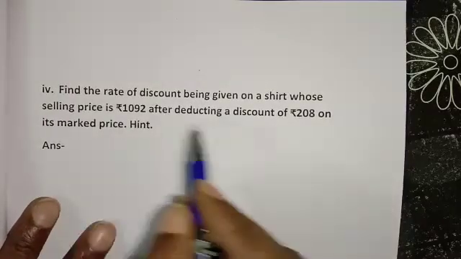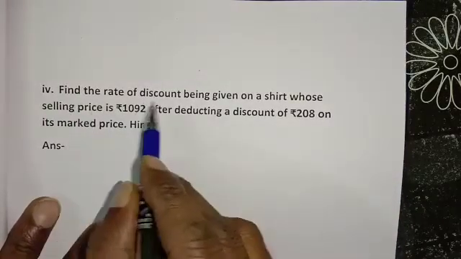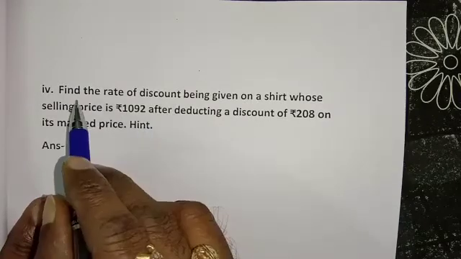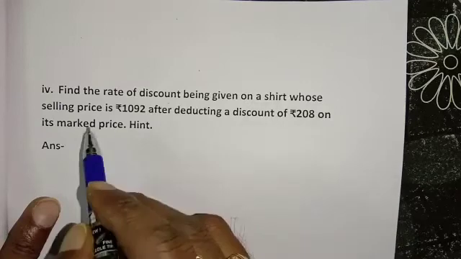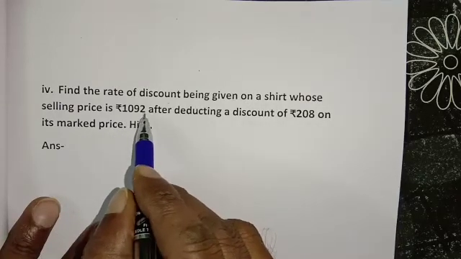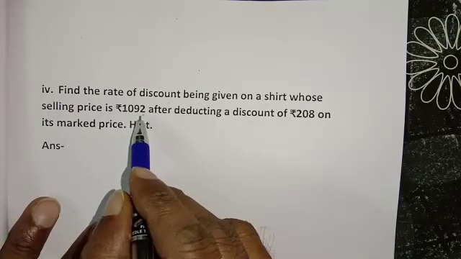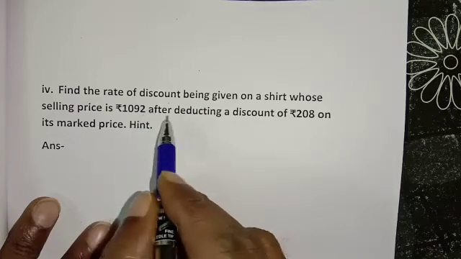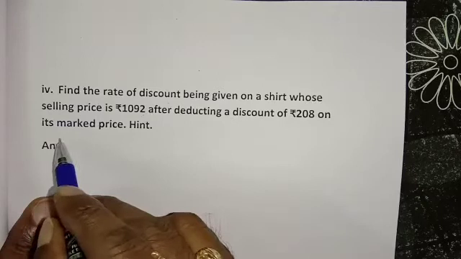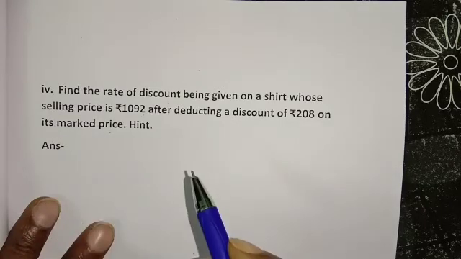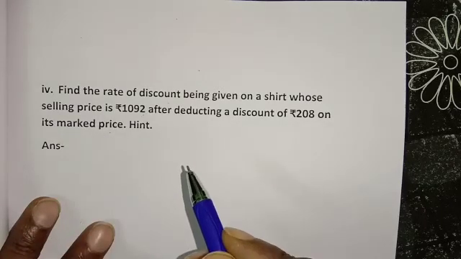Next question, number 2. Find the rate of discount being given on a shirt whose selling price is 1092, after deducting a discount of 208 on its mark price. Okay, how to solve?